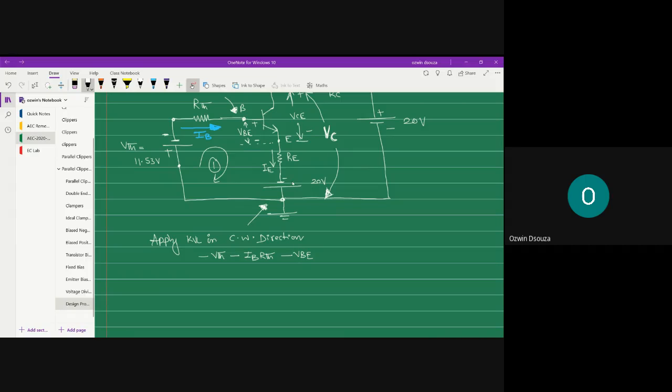And then we have the voltage drop across resistor RE, so that's minus IE into RE. And then the battery tracing minus to plus. Whenever I trace the battery from negative terminal to positive terminal, I get positive potential 20, and that is equal to 0.